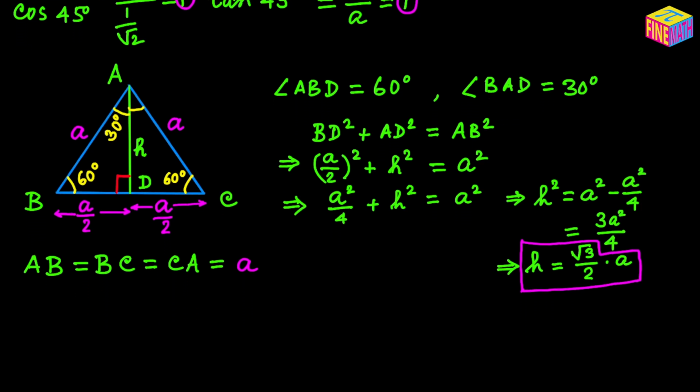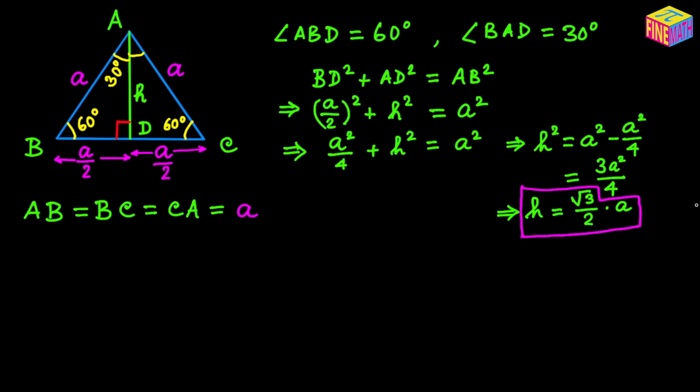Now let's try to find the values of the trigonometric ratios here. We are going to get started with sine theta maybe. First we can do sine 60 degrees. So let me start writing here. Sine 60 degrees would be opposite side divided by hypotenuse. Now what is the opposite side? If you look at the 60 degree angle, which is angle ABD, its opposite side is h.